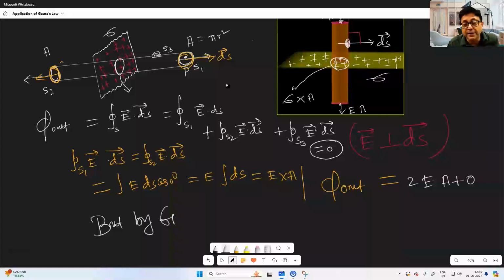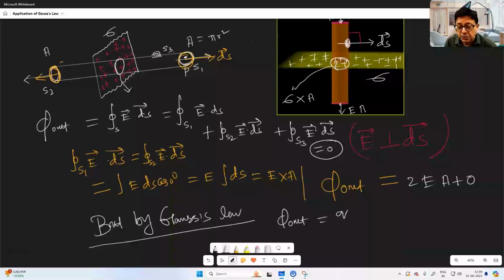We have to compare. We find it by formula and then we go for Gauss law. That is, by Gauss's law, phi out equal to Q enclosed by E0.